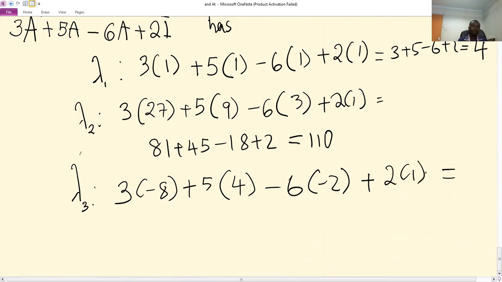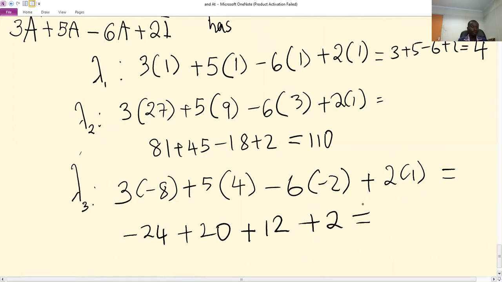This will be minus 24 plus 20 plus 12 plus 2, which is 10.